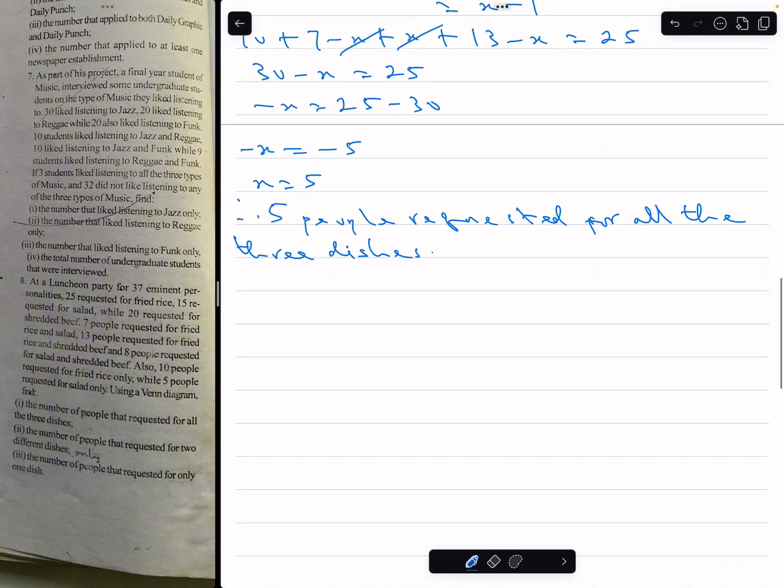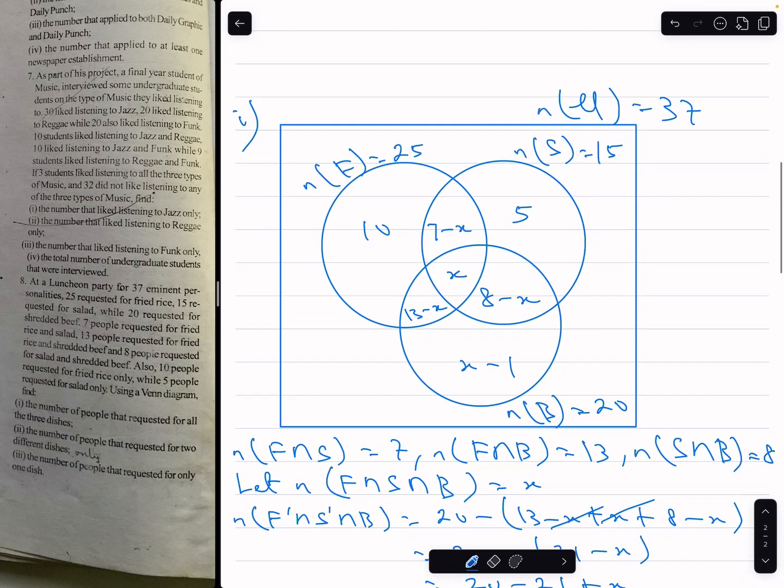Now let's go to Roman figure 2. What does that say? Find the number of people that requested for 2 different dishes only. 2 different dishes only will be those that got only fried rice and salad, plus those that got only fried rice and shredded beef, plus those that got only salad and shredded beef.